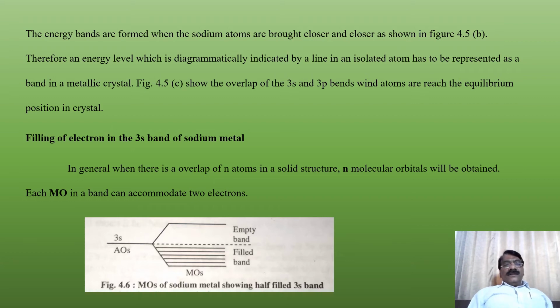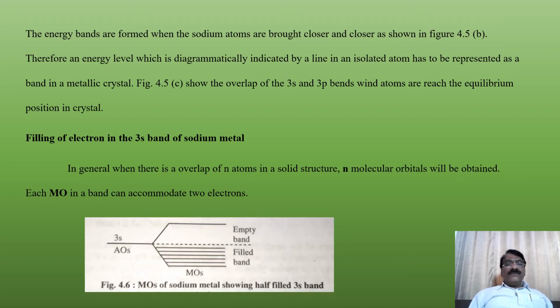In general, when there is an overlap of n atoms in a solid structure, n molecular orbitals will be obtained. Each molecular orbital in a band can accommodate 2 electrons as shown in the figure. See the filled bands and empty bands.